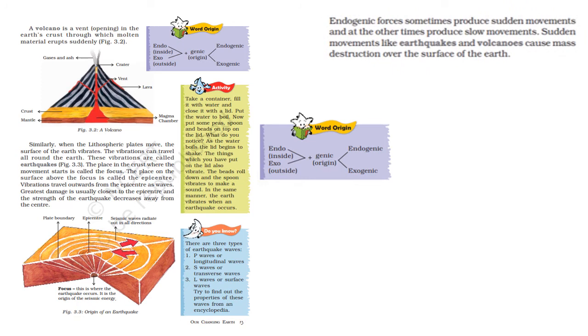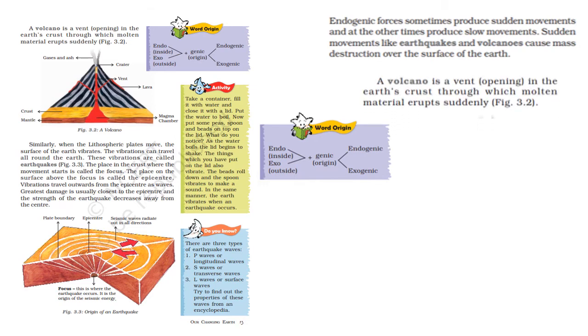So endogenic forces sometimes produce sudden movements and at other times produce slow movements, the diastrophic forces. Sudden movements like earthquakes and volcanoes cause mass destruction over the earth's surface. They bring sudden changes on the earth's surface.